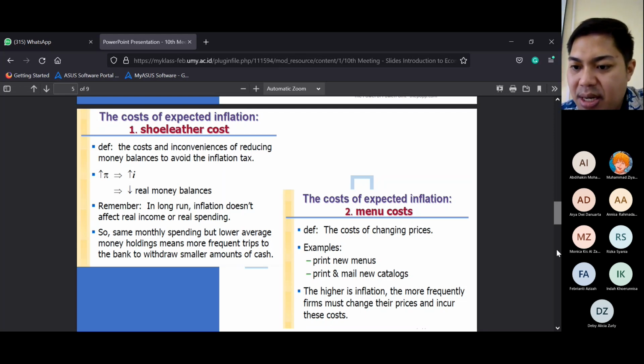And the menu cost: the higher the inflation, the more frequently firms must change their prices and incur this cost.